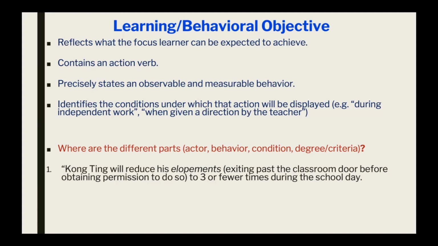No, in the educational realm, we're talking about moving through the classroom door before getting permission to do so. Observable and measurable. Yes, that student's body just went into the hallway, past the classroom door, and permission wasn't given to do so. All right, so we've got the student, the actor, we've got the behavior.